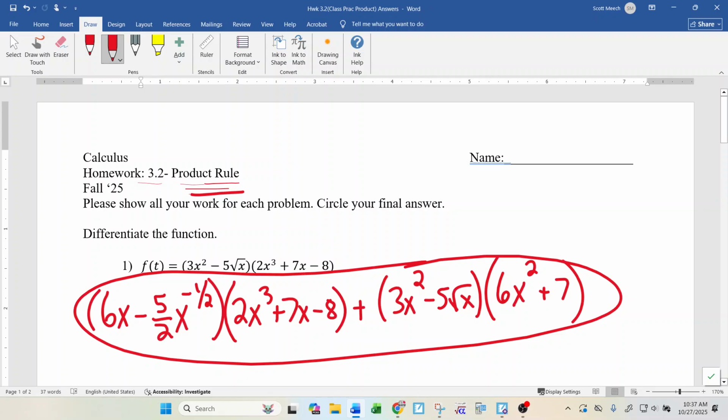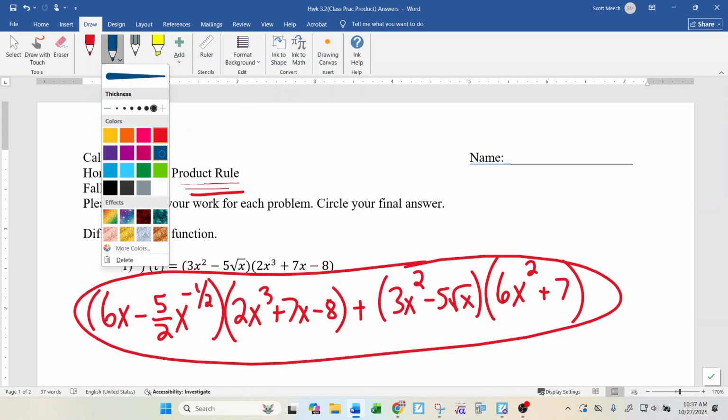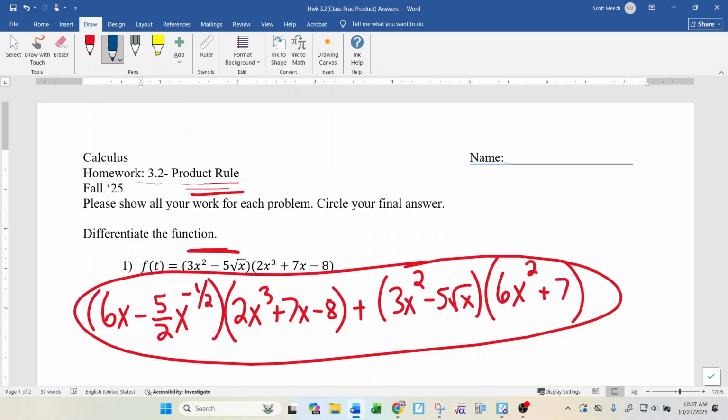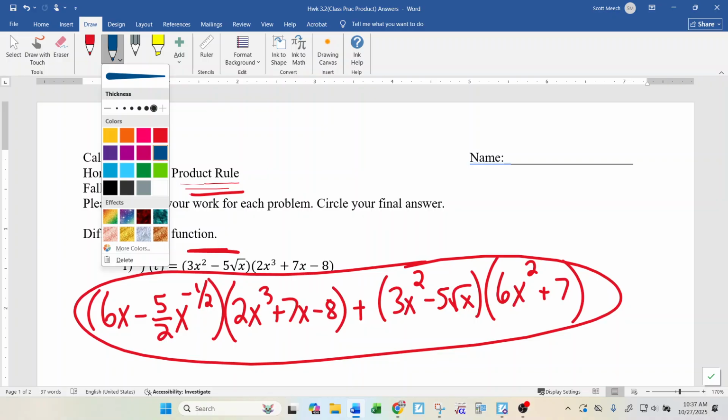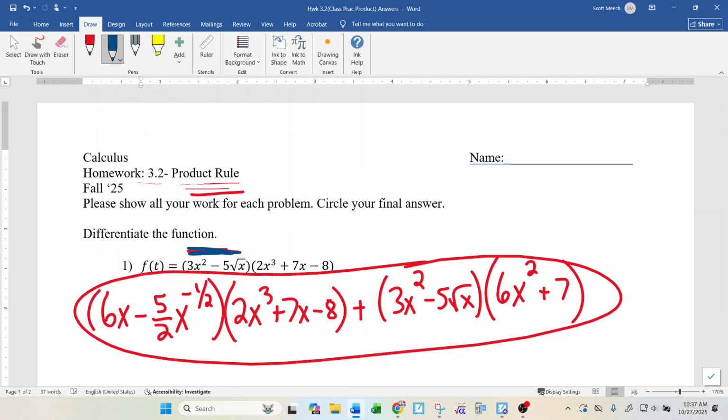So here is the first one. Derivative of the first times the second plus the first times derivative of the second. So here is our first, and here's the derivative of the first times the second plus the first times derivative of the second.